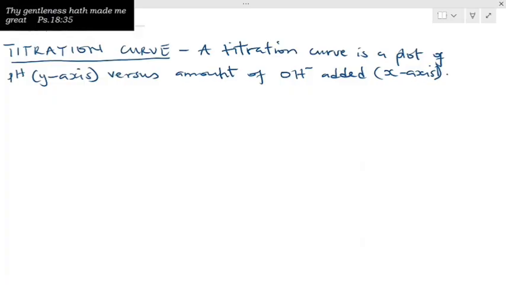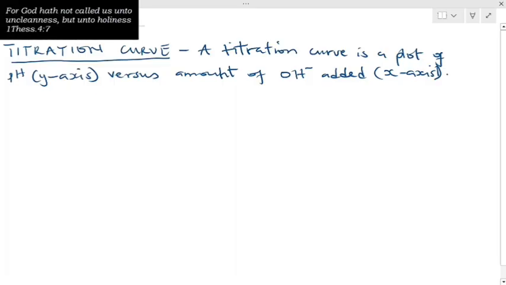Titration is about the mixture of acid and base to form water. You have your acidic solution, which usually has a pH of less than 7, and you begin to add your OH minus, which represents your base, to it. That's simply what titration is.